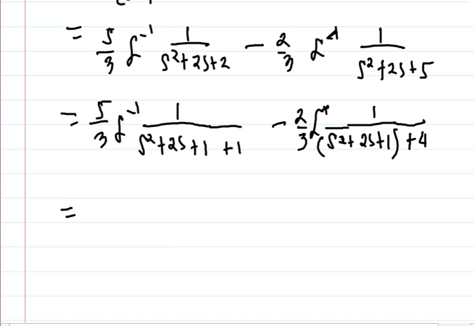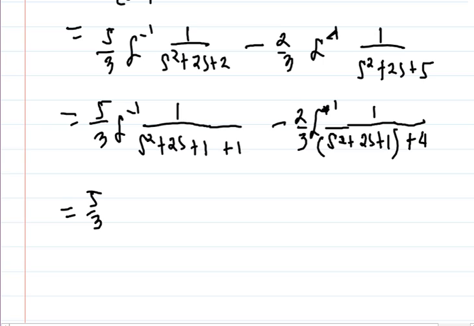So we have 5/3. Based on our Laplace table, we have forms with s squared plus a squared, so we need to convert our equation into this squared form.